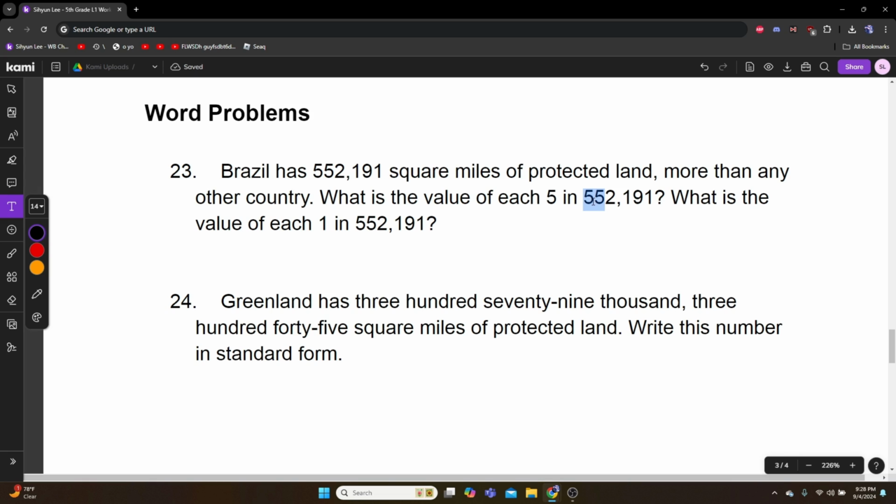So we can see that there's 50,000 and then there's 500,000. So we could write out the first 5 is worth 500,000. The other one is 50,000. The value of 1 in this number is 100. And then just 1.